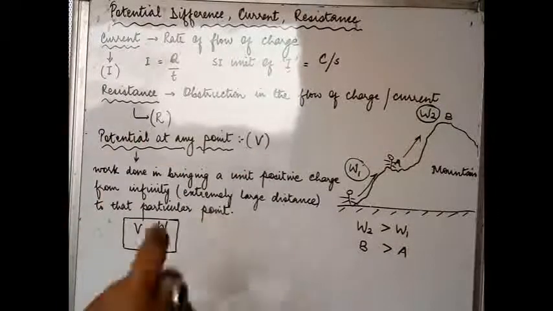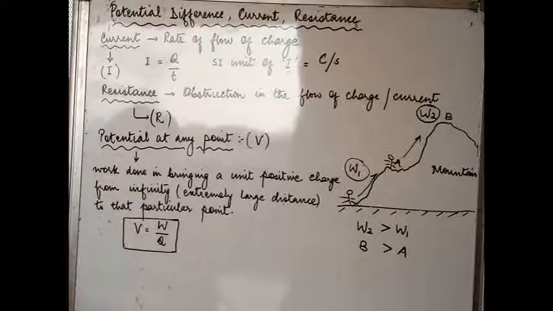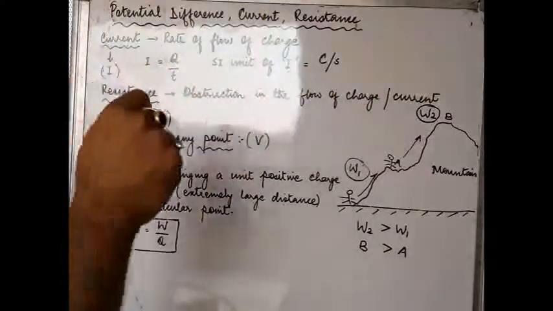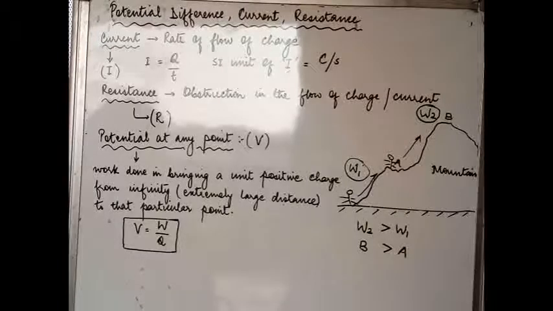So if you apply the same concept to this particular terminology, which is potential, you will understand that the more the work done in bringing the unit positive charge from infinity to a particular point, the more will be the potential at that point, okay. Just like the person, when he climbed to point B, he did more work. Why did he have to do more work in reaching B? Because B was at a higher height, okay.